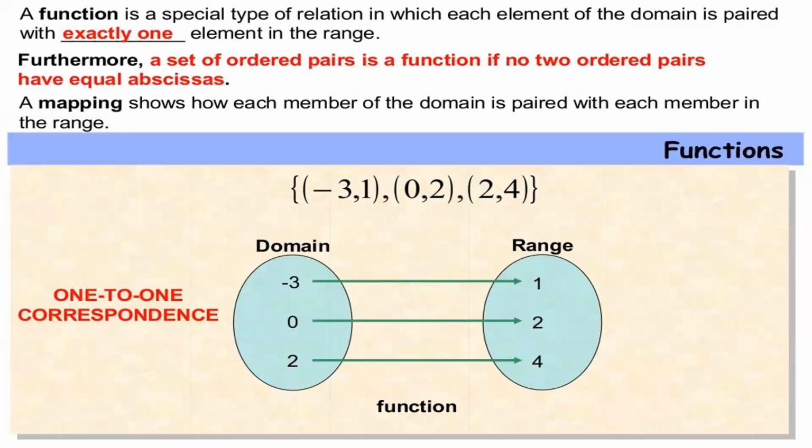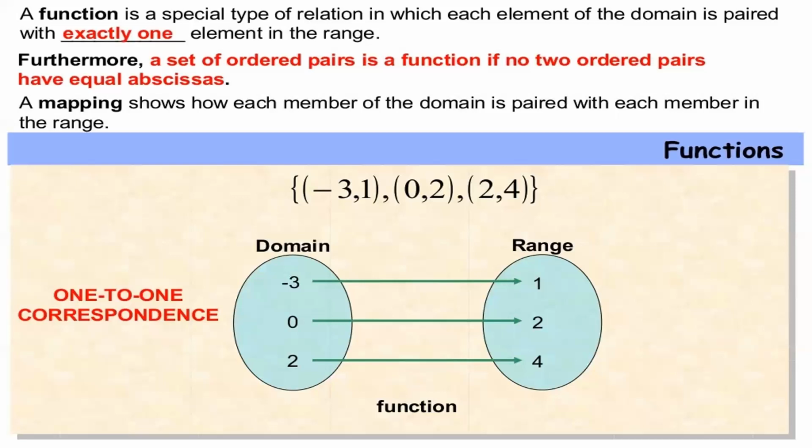The same if our domain is 0, there is only one corresponding value, which is 2. And if our domain is 2, there is only one corresponding value of range, which is 4. So that is considered a one-to-one correspondence.